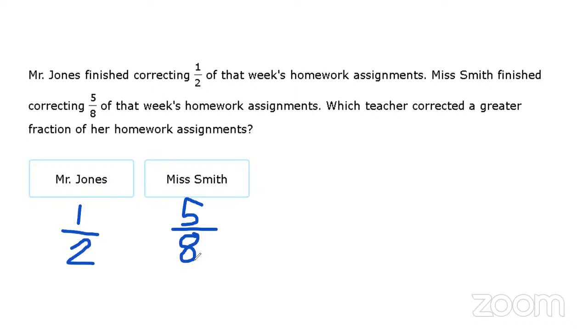So we can always do some cross multiplication, where we say, okay, 8 divided by 2 is 4. So 4 ones are 4. So now we've got 4/8 for this one. We can think about it like that.